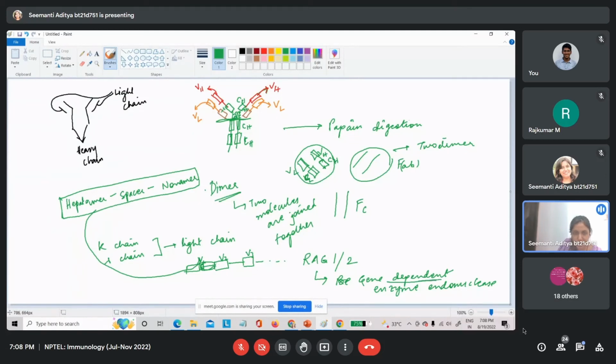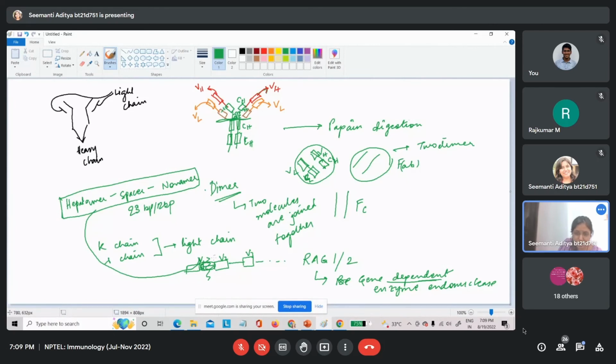It will recognize this particular recombination signal sequence, which is a heptamer, spacer, and nonamer. The spacer can be either 23 base pair or 12 base pair. RAG1 will recognize this sequence and cleave it in between. Once it is cleaved, this part will be removed, and so it helps in recombination.